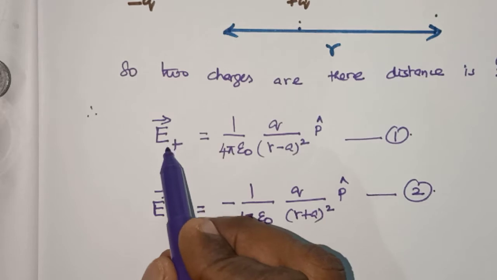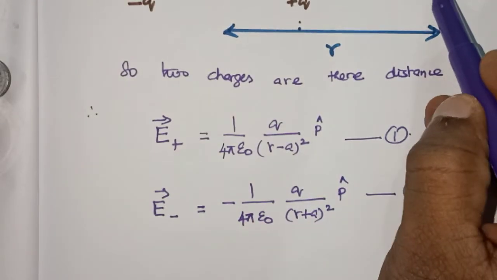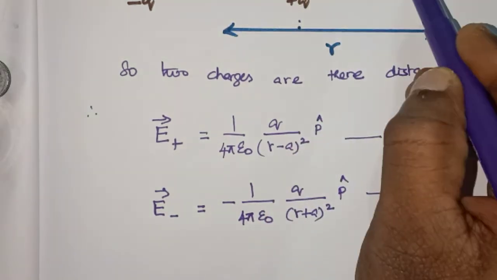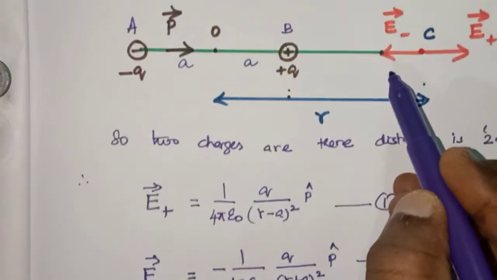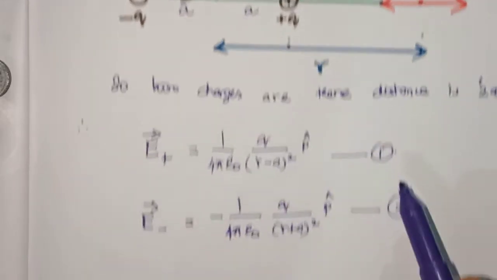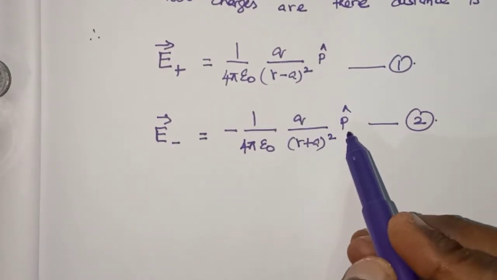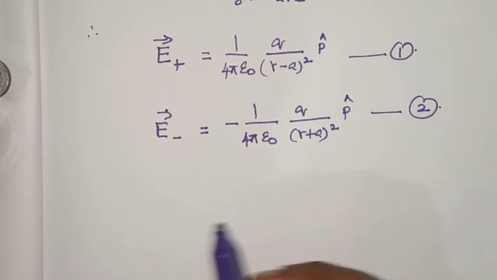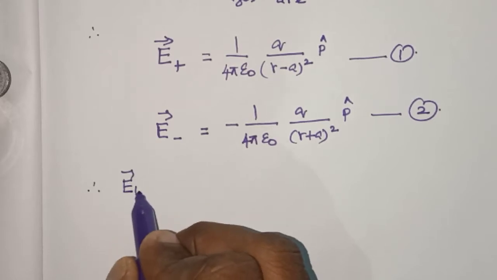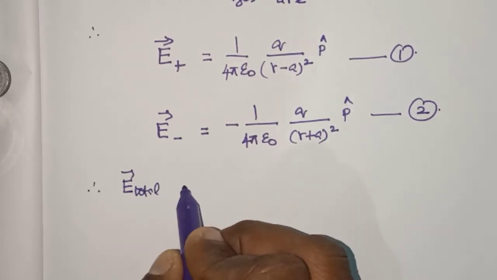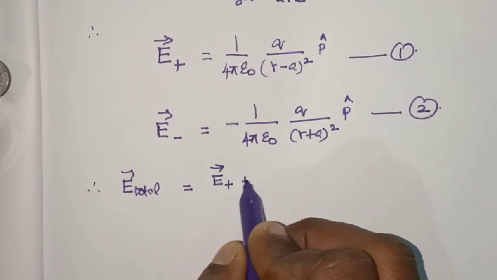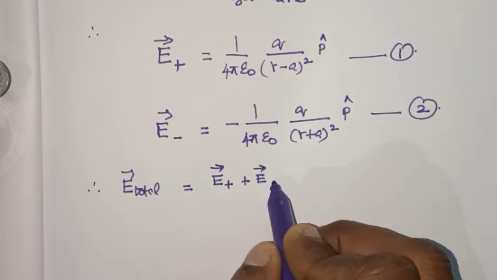So what is E plus? Field due to charge plus Q. E vector minus is the field due to this negative charge. This is equation number 1 and this is equation number 2. Therefore, we calculate E total equals E vector plus E vector minus.